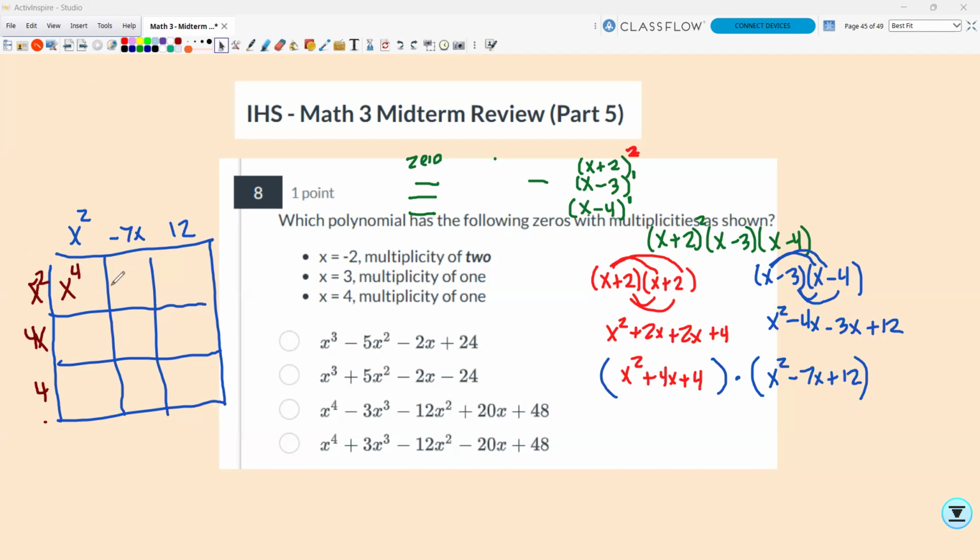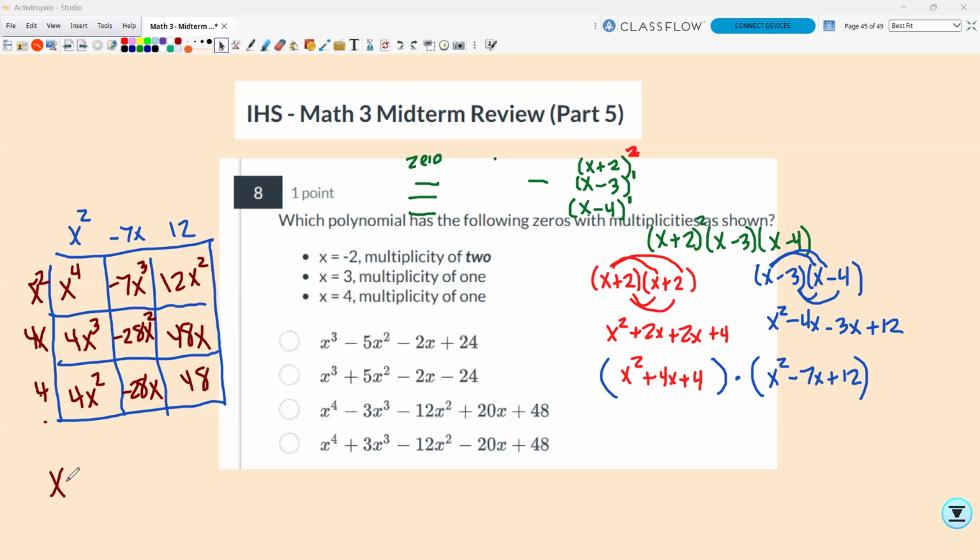X squared times -7x is -7x cubed. 12 times x squared is 12x squared. 4x times x squared is going to be 4x cubed. 4x times -7x is -28x squared. 4x times 12 is 48x. 4 times x squared is 4x squared. 4 times -7 is -28x, and then 4 times 12 is 48.